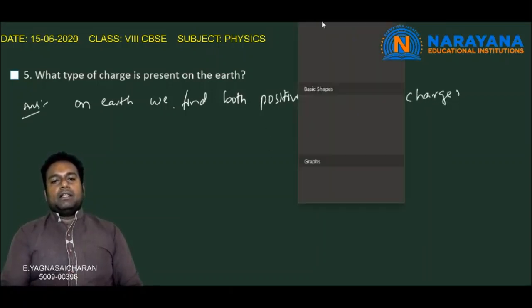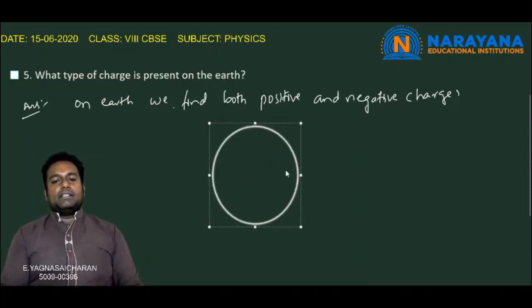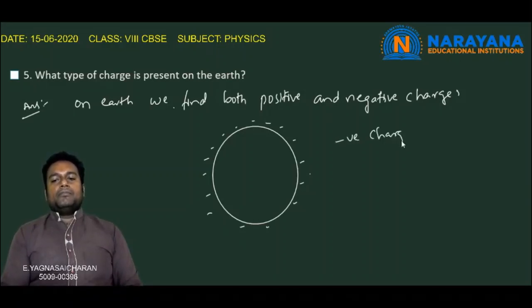For example, let us consider if this is the Earth, the surface of the Earth is completely negative charged. So we find negative charge on the surface.